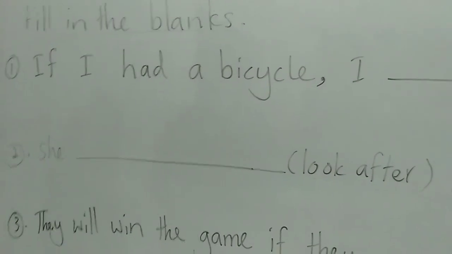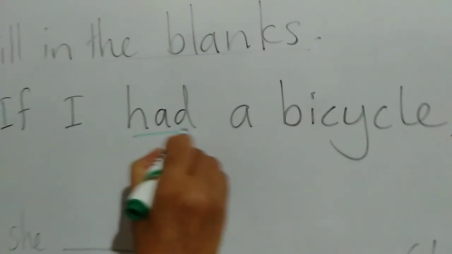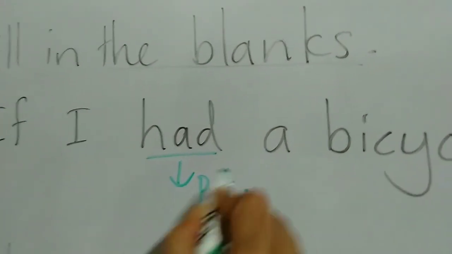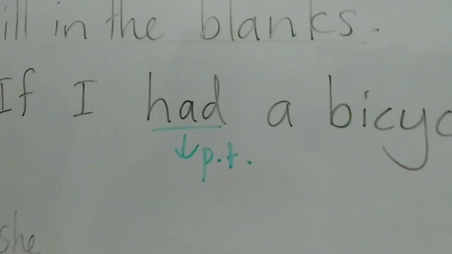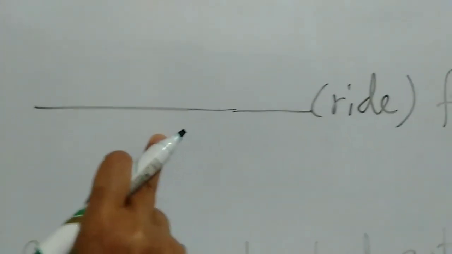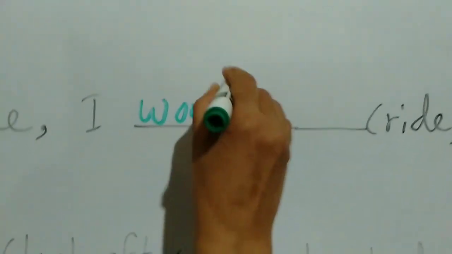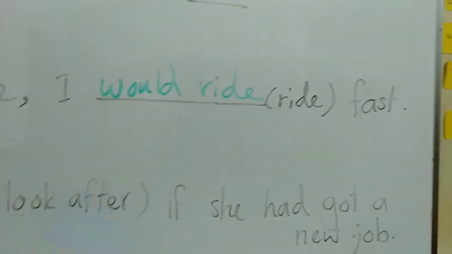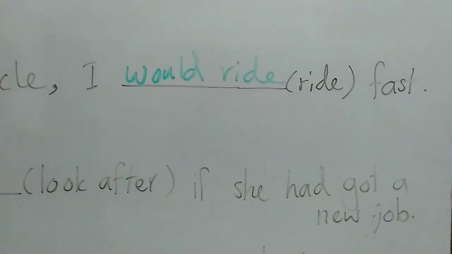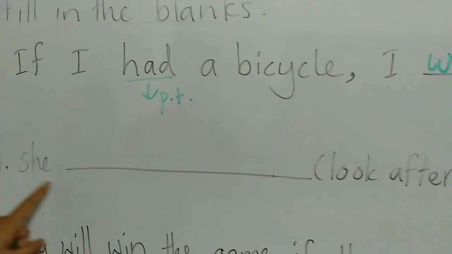Had, here past tense. Then how can you form the main clause? You remember, with would. Would ride. I think you understood this.